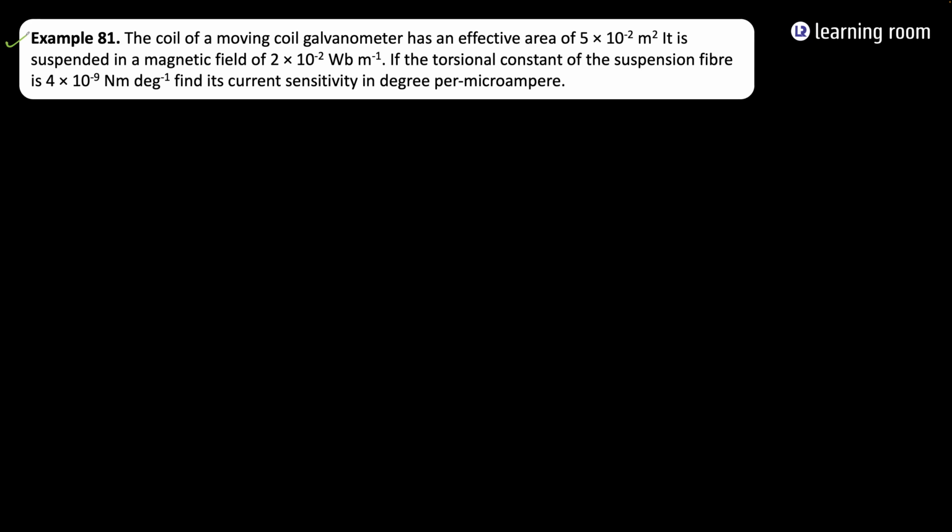The coil of a moving coil galvanometer has an effective area of 5 into 10 power minus 2 meters square. It is suspended in a magnetic field of value 2 into 10 power minus 2. Actually, it should be Weber per meter square, so make this correction. It is Weber divided by meter square, which is Tesla.